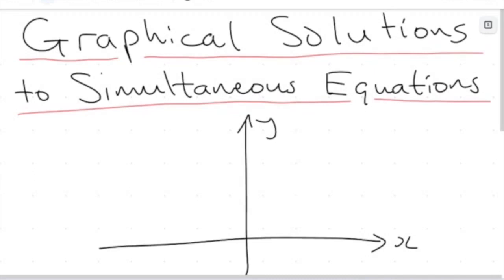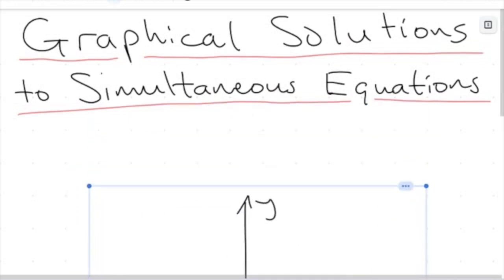Now, just to wrap up our Year 9 linear relationships topic, we are just going to start talking about this idea of simultaneous equations. What we mean by simultaneous equations, the easiest definition, is just two equations that occur at the same time. That's pretty much all we mean by those.